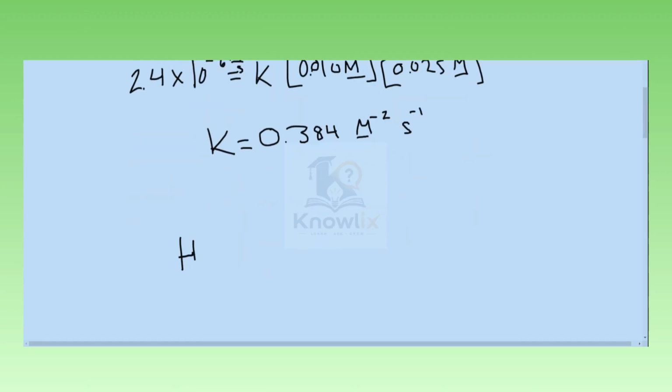So we'll have 1 molecule of hydrogen colliding with 2 molecules of nitrogen monoxide, and we will say that that gives us nitrogen gas plus 1 molecule of water and 1 oxygen atom.